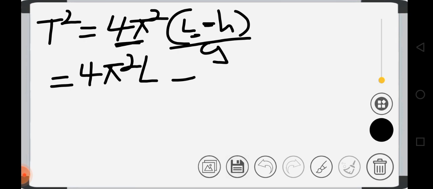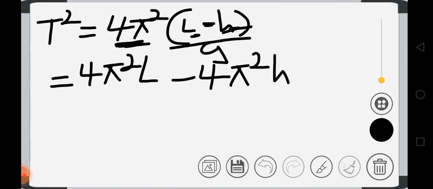The minus will still remain. 4 pi square times this. I'm going to have 4 pi square H. Then everything supposed to be everything over G.